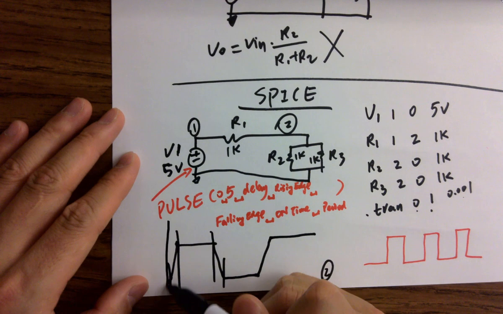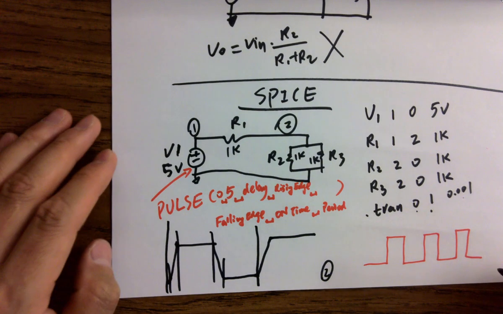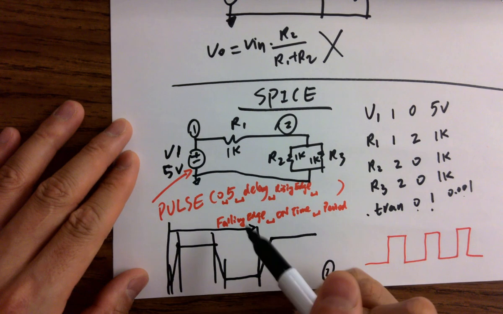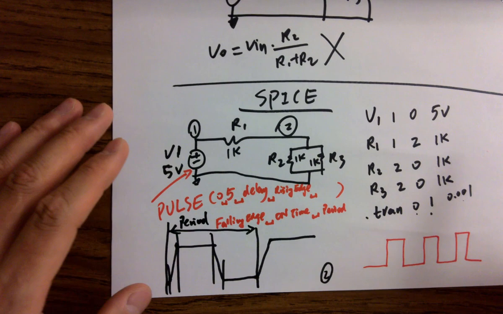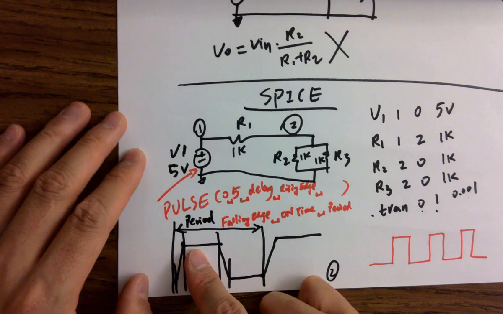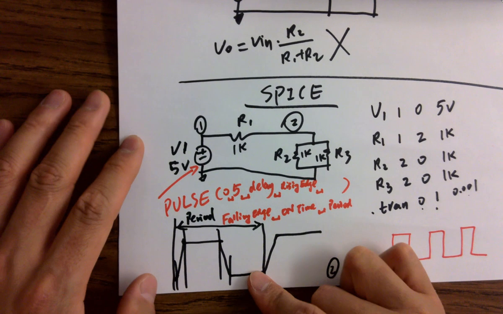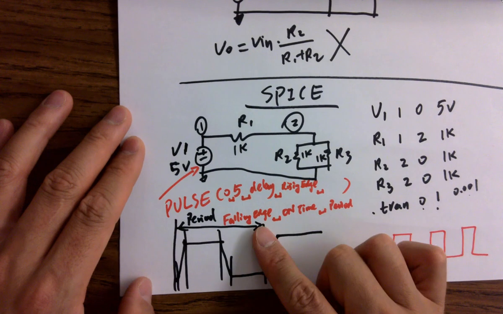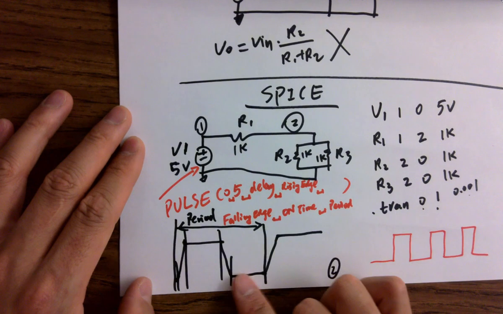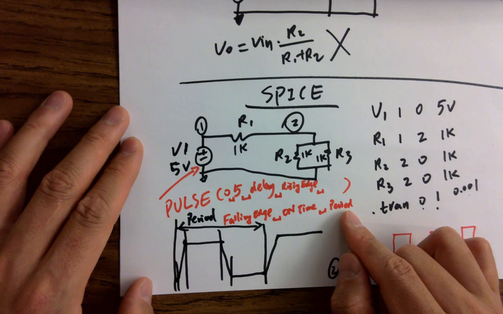So from here to here, that's one period. That's the on time. You just need to define the on time. You don't have to put a downtime or off time as an argument, because if you know the rising and falling edges, the on time, and the period, you definitely know that. It's just a subtraction from the total period, right?